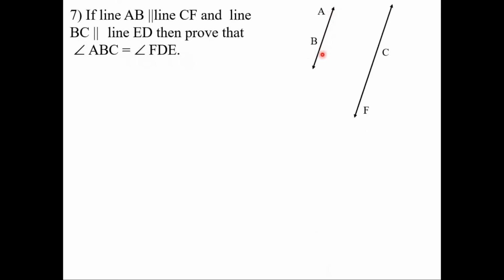Here, first of all, line AB is parallel to CF as per the given condition, and second, line BC is parallel to ED. Now BC means this line will be over here. BC parallel to ED. Then prove that angle ABC equals angle FDE. Angle ABC means this angle, and FDE means this angle.